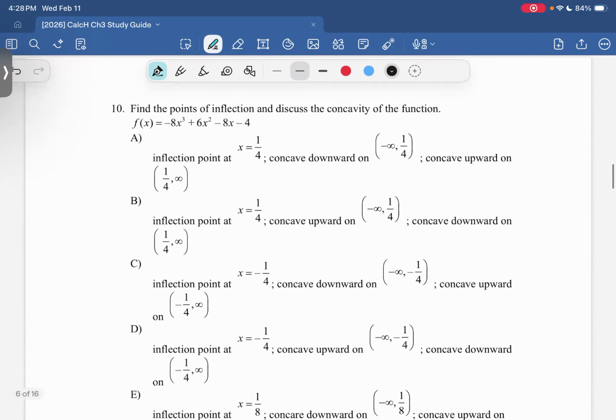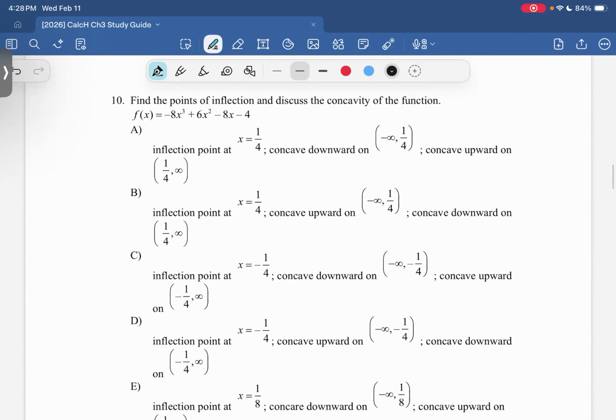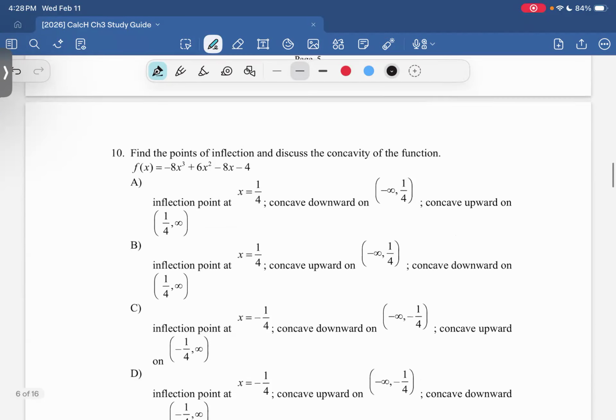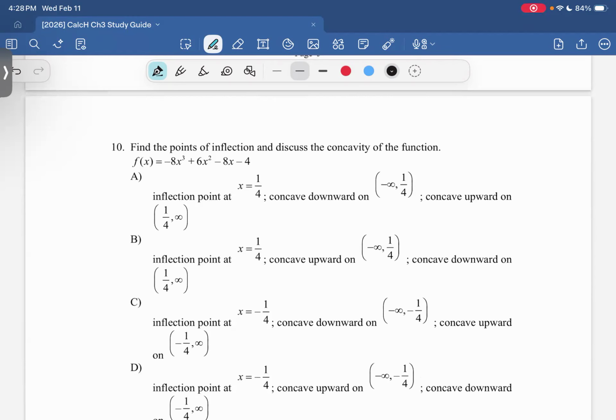Okay, find the points of inflection and discuss the concavity of the function. First derivative is negative 24x squared plus 12x minus 8. Second derivative is negative 48x plus 12.